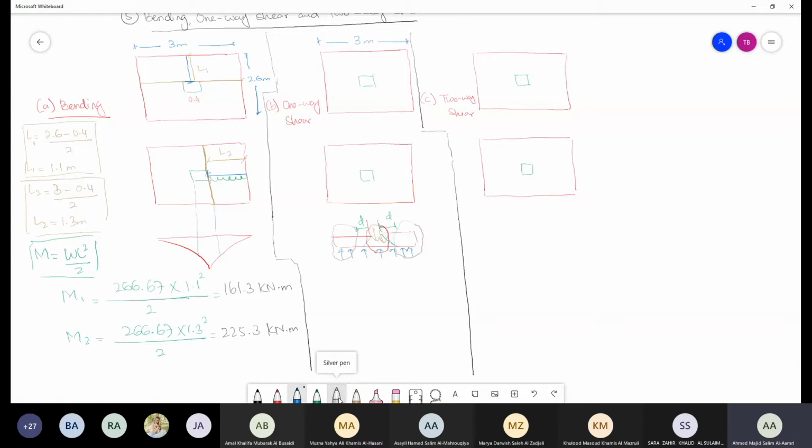Now, if we take a distance of d from here, and we want to know how much this particular length is, can you help me do that?